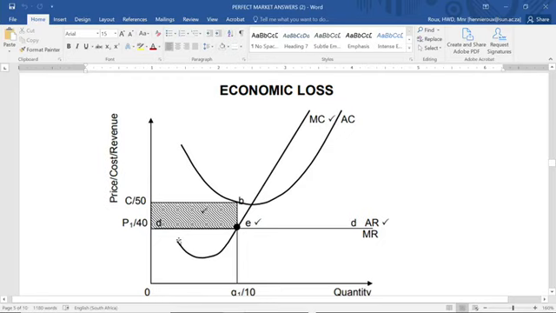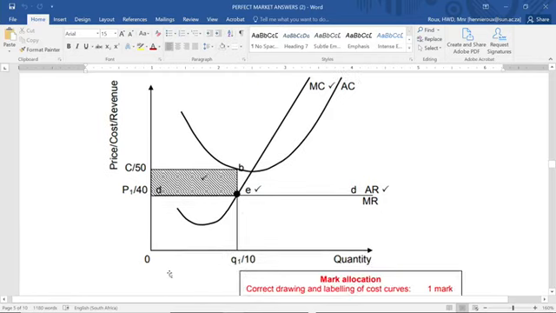So to discuss this, your total revenue would be P1EQ10, and your total cost would be CBQ10.